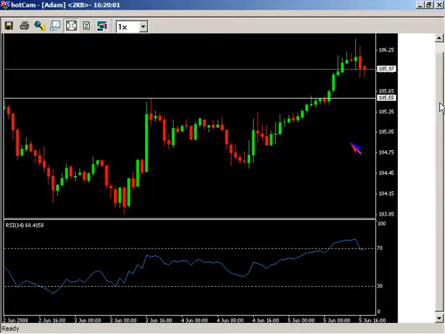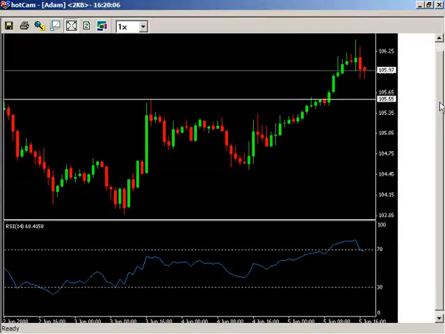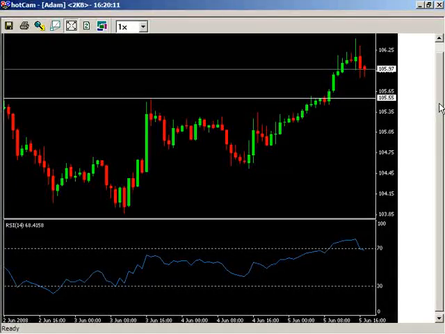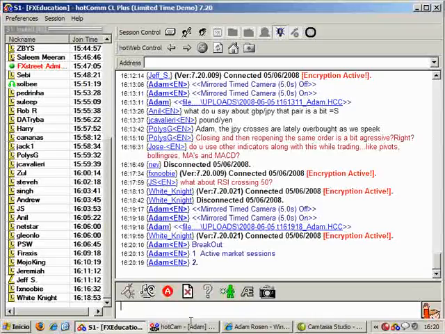I need 3 conditions. You want to jot these down, or I can type them in too. 3 conditions to buy a breakout. Let me type in breakout. First of all, I want to only trade during active market sessions. That's number 1.